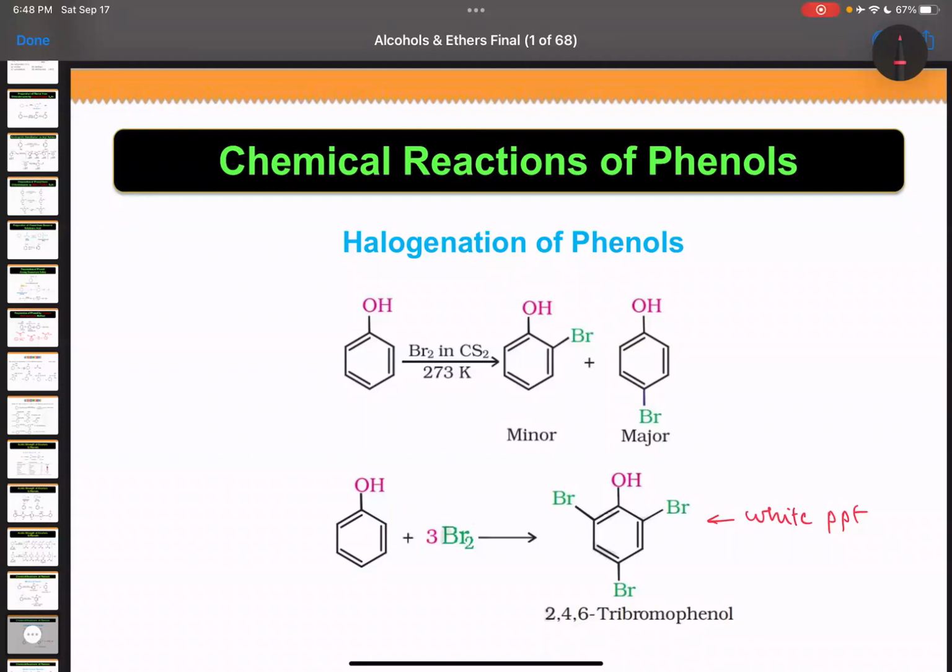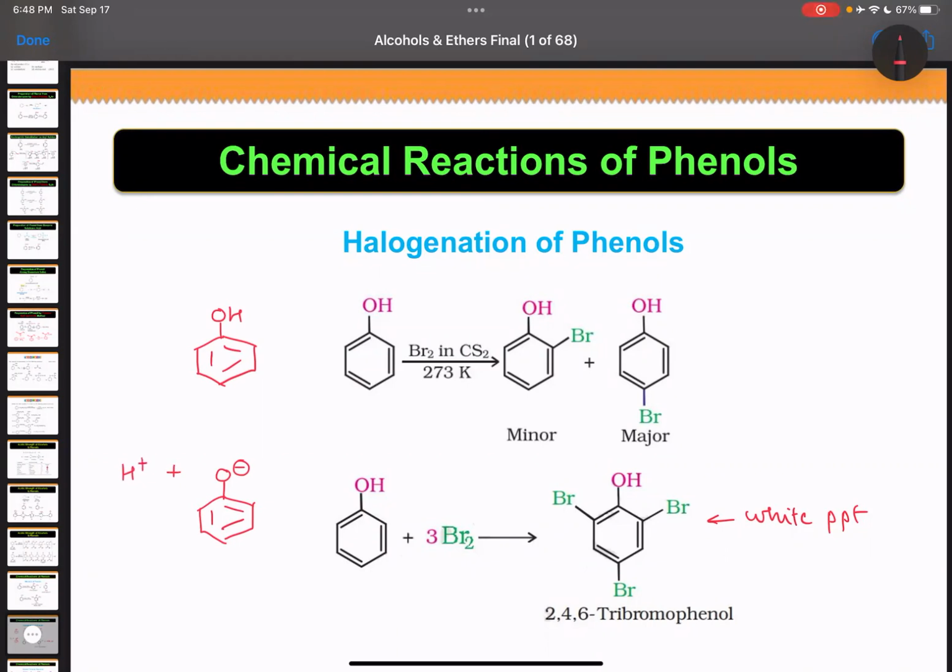Not sure, sir. Actually, carbon disulfide is a non-polar solvent, so phenol doesn't ionize, and in water it ionizes and becomes the phenoxide ion, which is more electron rich. In carbon disulfide, it remains phenol only. In water, it gets ionized.